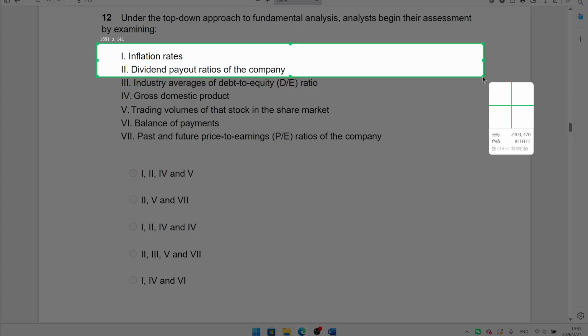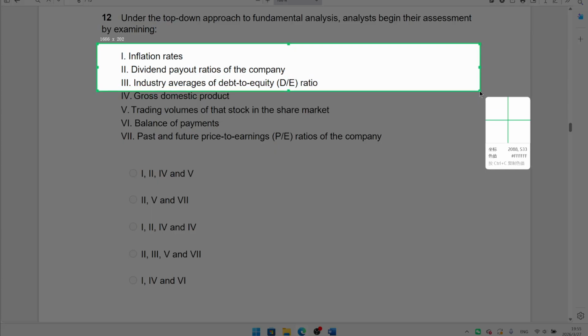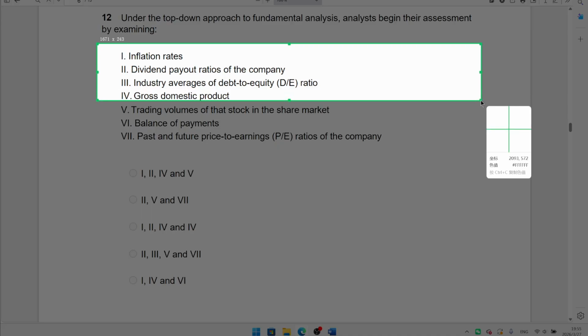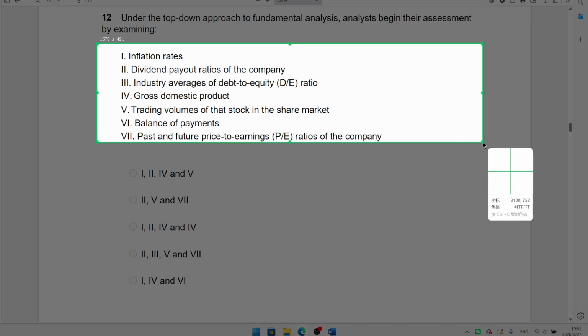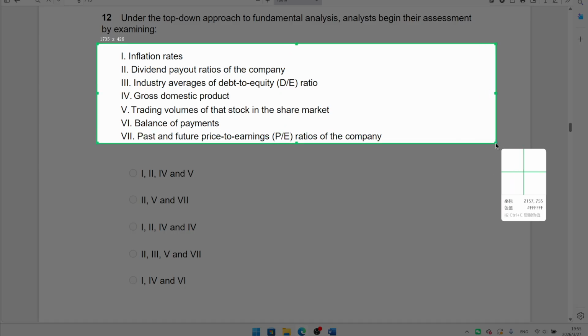Industry revenue, debt ratio, gross domestic product, trading volume of stock in the share market, balance of payments. Only one is top-down fundamental. 1 is correct.